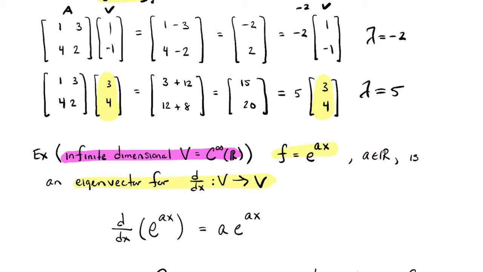But what do I mean by that? I just mean if you differentiate e to the ax, you get a times e to the ax, right? So your eigenvalue is a. The fact that the exponential function is an eigenvector for the differentiation operator is a super important fact about ordinary differential equations, among other things.